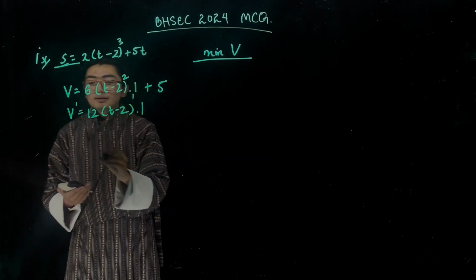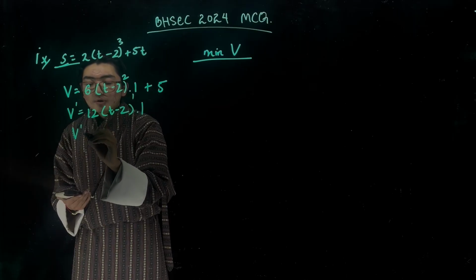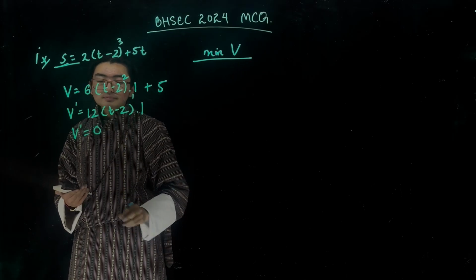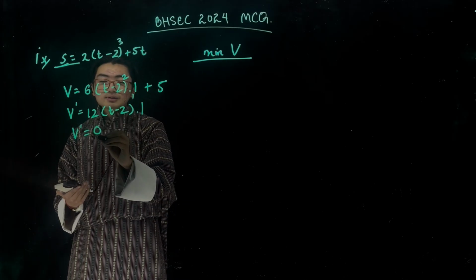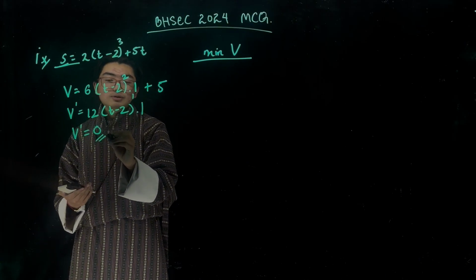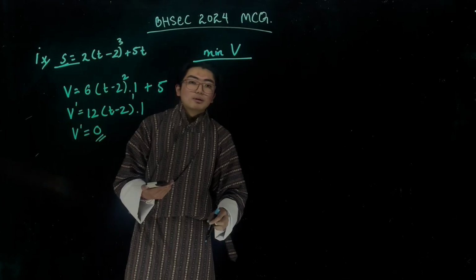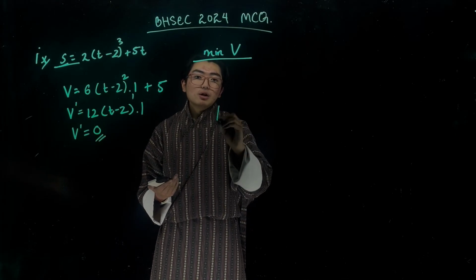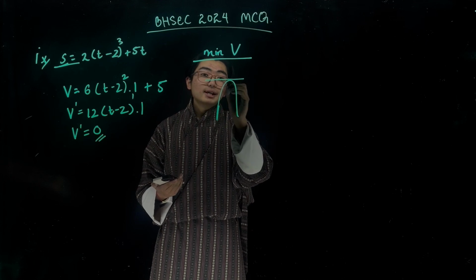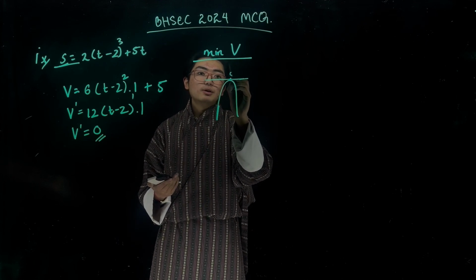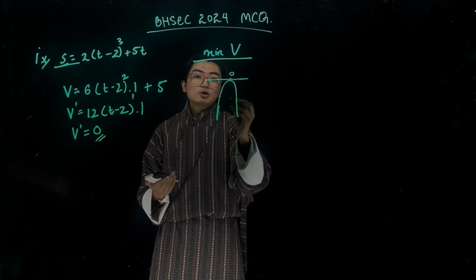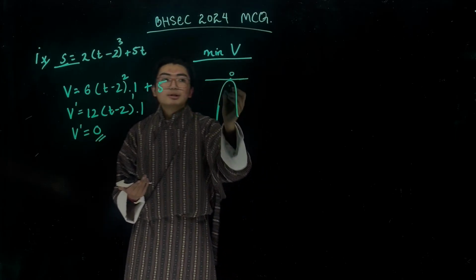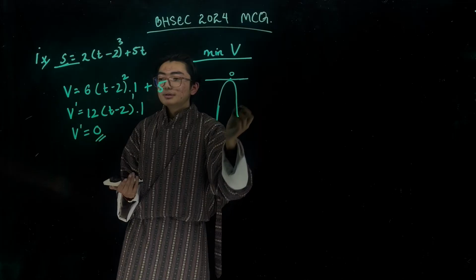Now let's find the time at v prime, or acceleration, equal to 0. We use acceleration equal to 0 because at a maximum or minimum the slope of the tangent is always 0. So at this point the slope is neither increasing nor decreasing. So this point is a maximum or minimum point.